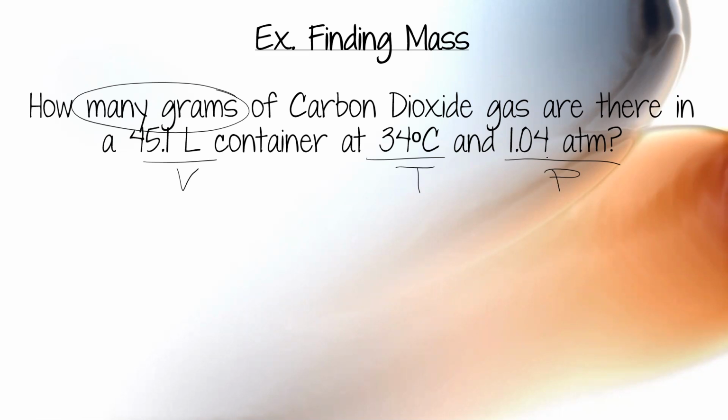There is no mass in the ideal gas equation, so you would first have to solve for moles N and then convert it to grams. And changing my temperature to Kelvin, 307. Okay, so let's try this one out.